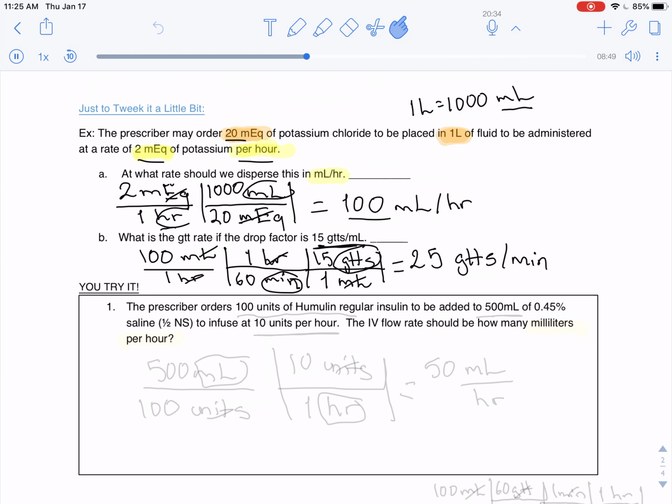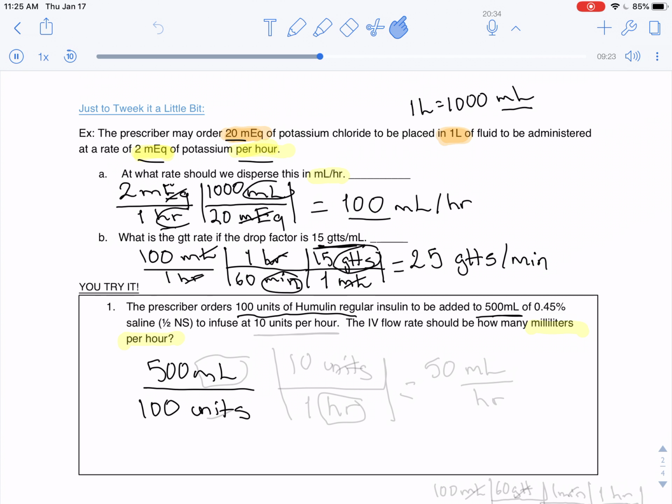In this next problem, 100 units of insulin is added to 500 milliliters of solution. So we would write this as 500 milliliters with the 100 units in the 500 milliliters. And it says that we need to find our answer in milliliters per hour.